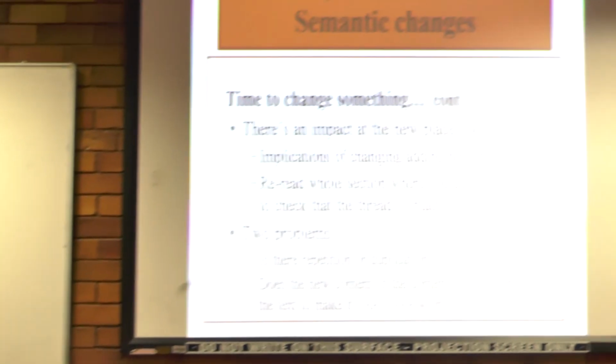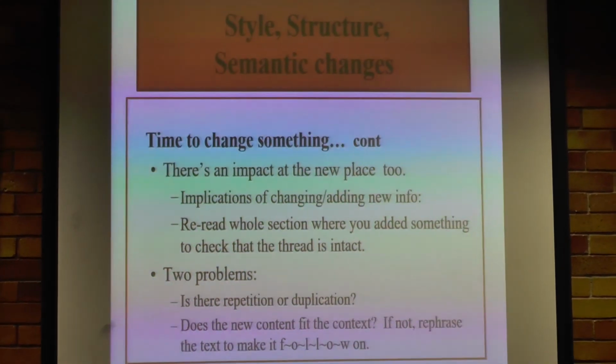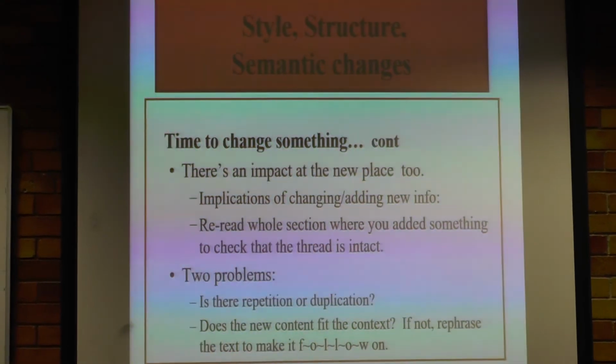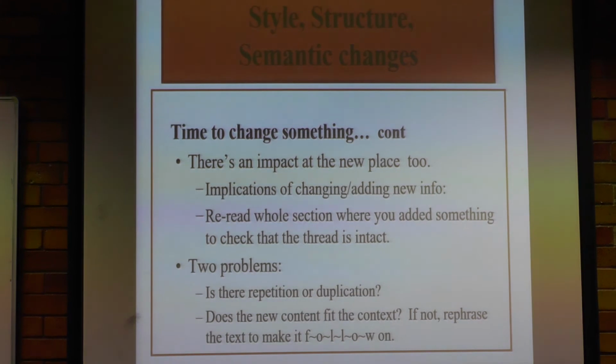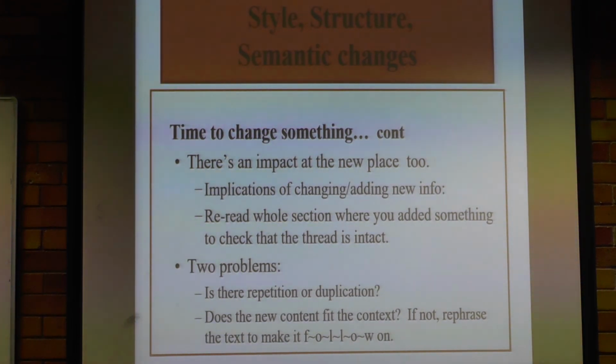And also this new chunk of text I've put in, does it flow from what went before? Maybe it doesn't. Maybe there's a bit of a jump, so I need to add a new lead sentence which fits it in. So remember, text must flow. So reread the whole section where you added something to make sure that the thread flows, and then read the whole bigger section or chapter to make sure you didn't duplicate something.